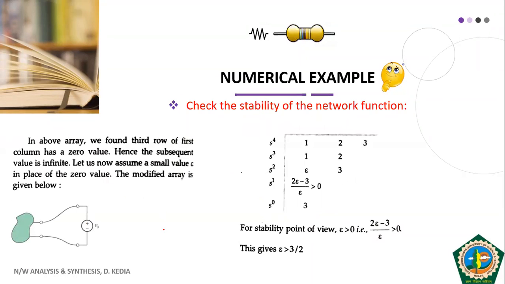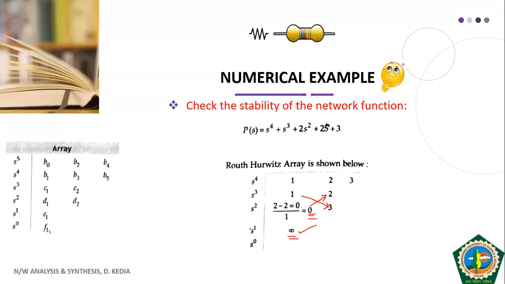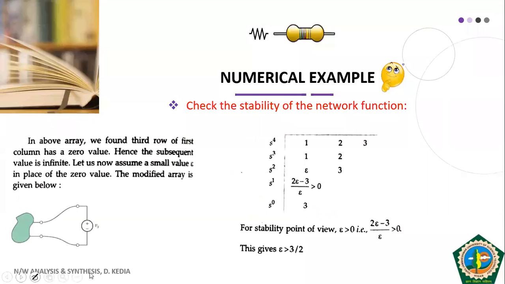So here it is. We know that the first column in the Routh array has to be positive, and in the previous slide this was 0. So 0 is neither positive nor negative, it is on the borderline. So we will assume that instead of 0 we have some term epsilon, and this epsilon is a very small value, and we can say that this epsilon tends to 0.